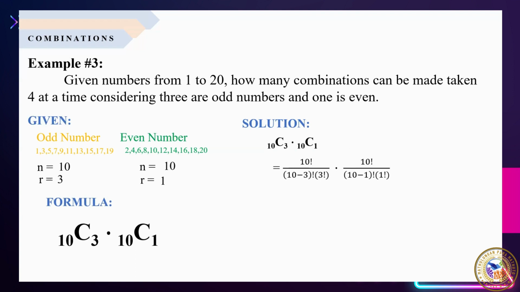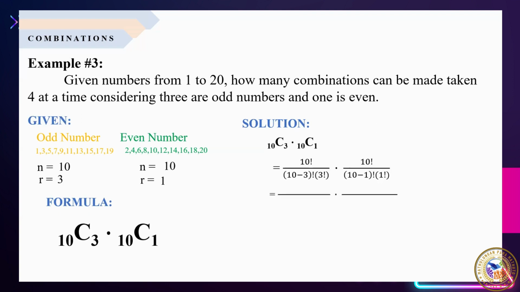So, matatandaan natin na ang formula ng combination ay in-apply natin dito. We have n factorial all over n minus r factorial times r factorial. Kaya yung combination of 10 taken 3 at a time ay naging 10 factorial all over 10 minus 3 factorial times 3 factorial times yung ating combination of 10, yung even number natin, which is 10 factorial all over 10 minus 1 factorial times 1 factorial.